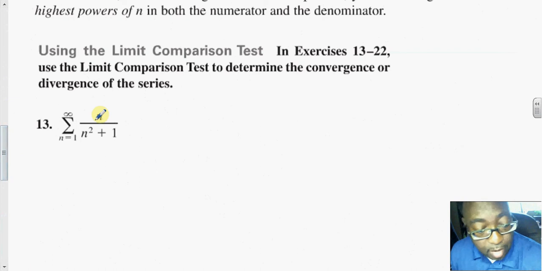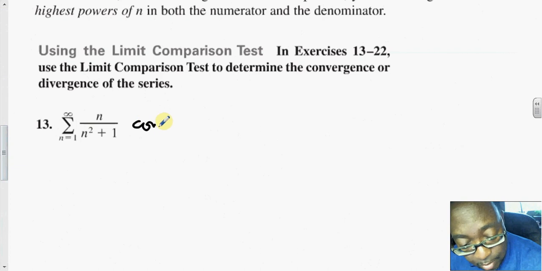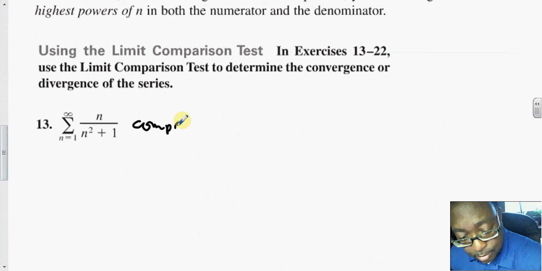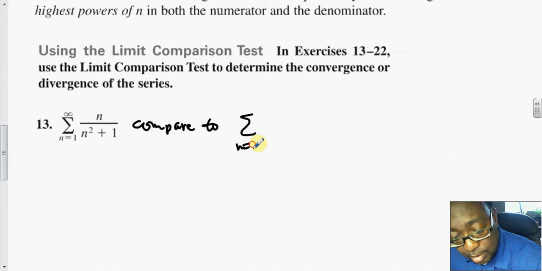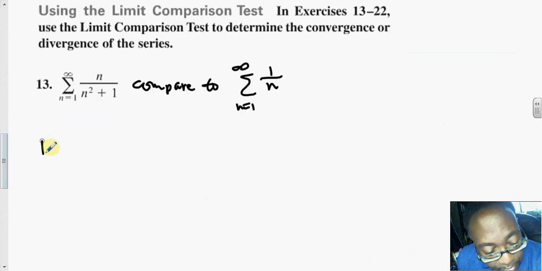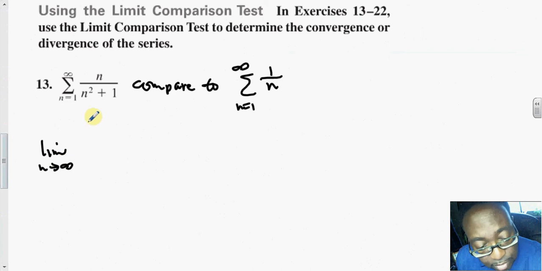So here we compare, if you look at the biggest O here, n divided by n squared is 1 over n, so I compare to the summation as n goes from 1 to infinity of 1 over n. So we're going to use this limit comparison. We have the limit as n goes to infinity.